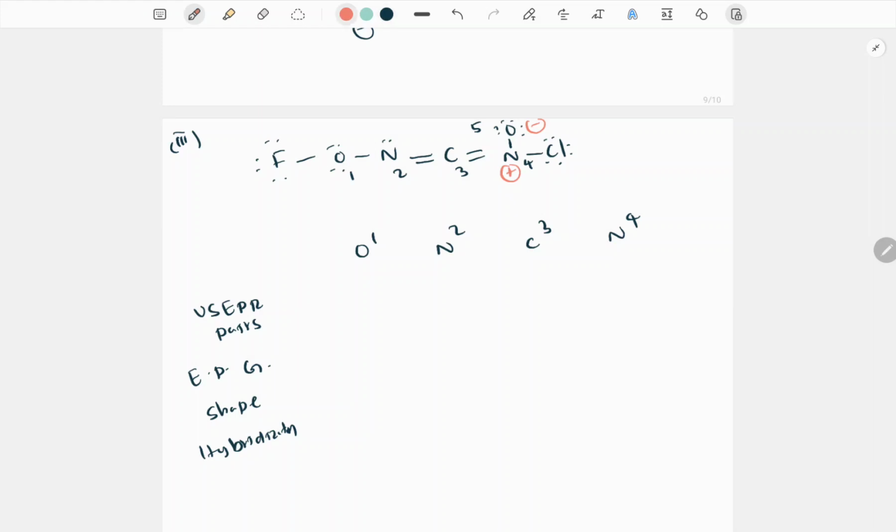VSEPR pairs means the combination of lone pairs and bond pairs. Around this oxygen 1, there are 2 lone pairs and 2 bond pairs. The sum of the lone pairs and bond pairs will be 2 plus 2. Therefore, 4 VSEPR pairs are present.